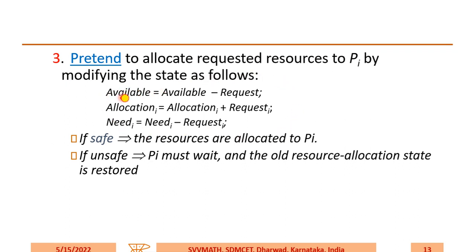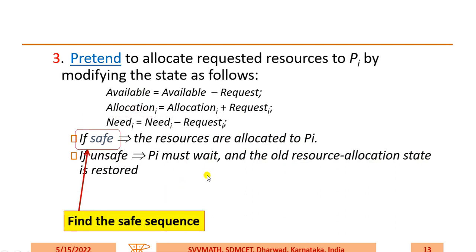For example, available I will reduce, allocation I will increase, and need I will reduce. Then I will check whether the system will remain safe or not. If it is safe, the resources are allocated to Pi. If unsafe, what do I have to do? Pi has to wait and the old resource allocation state is restored. All these things you have to undo.